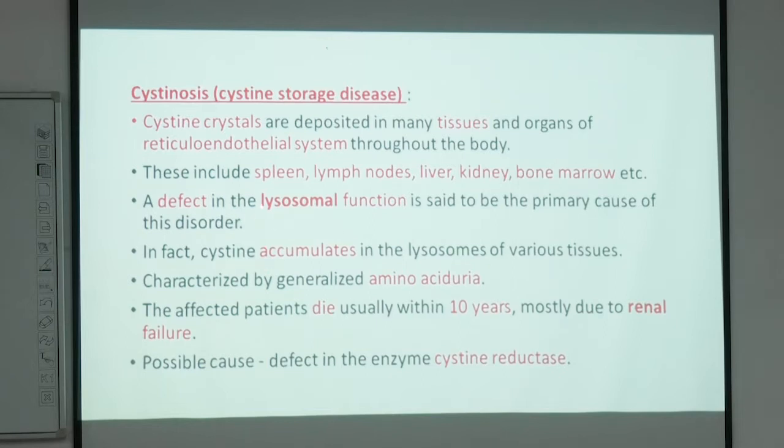But when they are not getting degraded within the cell by the lysosome, they accumulate. And this is cystinosis. And other than the defect in the lysosome, there can also be a defect in the enzyme cysteine reductase. So what is the function of this enzyme, this cysteine reductase?